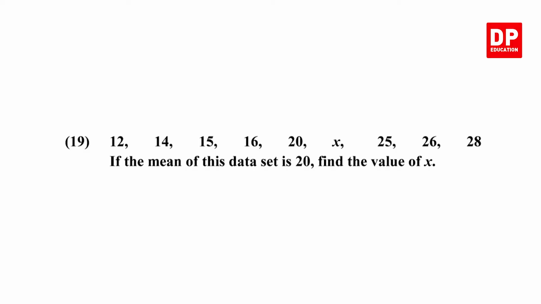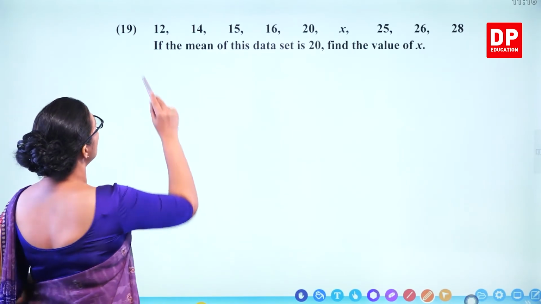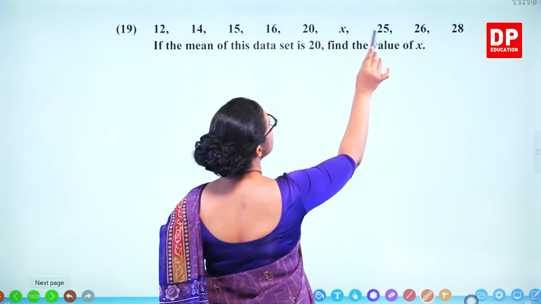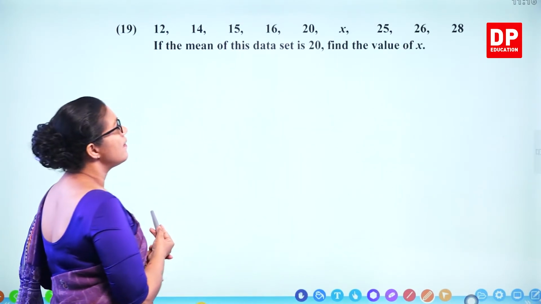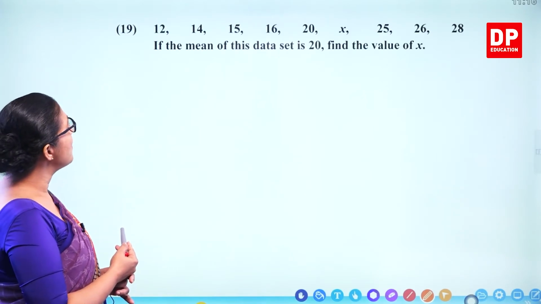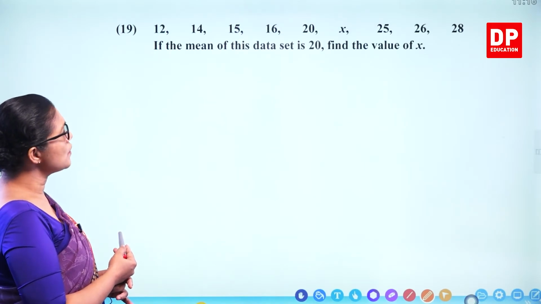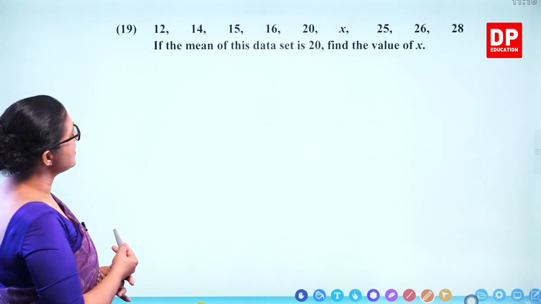Question number 19. If the mean of this data set is 20, find the value of x. So mean is you add everything and divide by the count: 1, 2, 3, 4, 5, 6, 7, 8, 9. That is equal to 20. Now when you add the numbers, can you see a pattern? 12 plus 28 is 40. 14 plus 26 is 40.